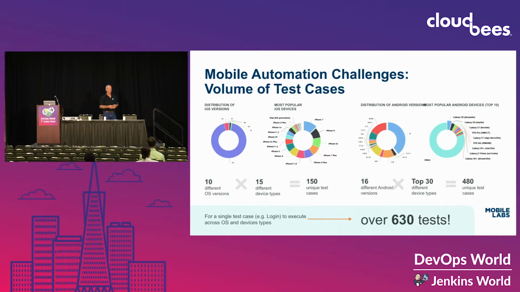The 80% of your customers are probably using 20% of the devices and OSs. So cover that. Make sure you're doing that with the real devices. And then, for the other 20% of your customers that might be using some of the outliers, you can probably get away with doing simulators and emulators there. But basically, you got a lot of stuff here to worry about. So that's a key thing.